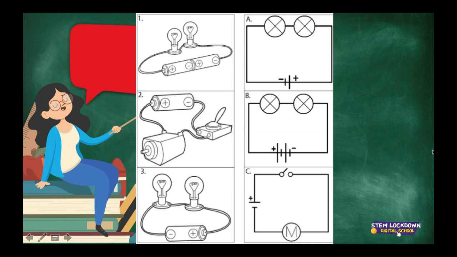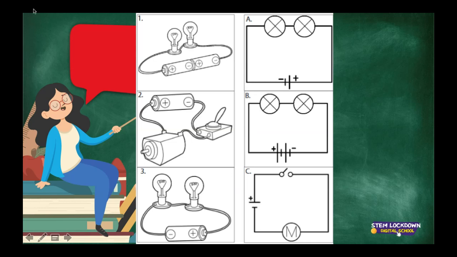Shakira, 1B, 2C, 3A. Madidi says 3A. Bonte, 3A. Jaden, 3A. Lita, 2C.